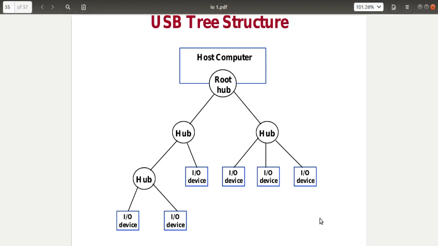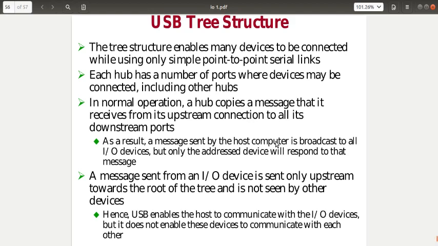You buy a USB hub, plug into one USB port, and you have 3 or 4 different USB ports. It is using this tree structure that expansion is possible. So we talked about the structure.